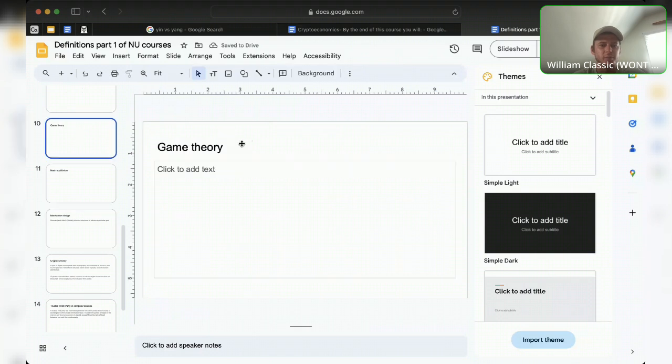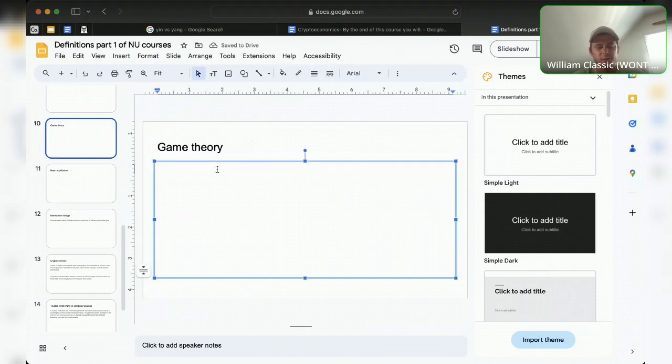And I can get a more legit definition of game theory, but it's basically the theory of behavior.